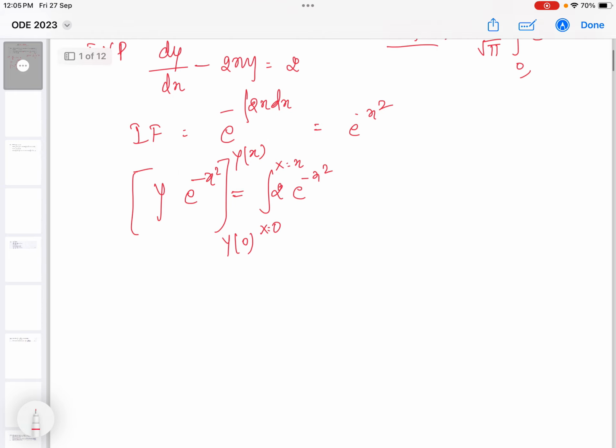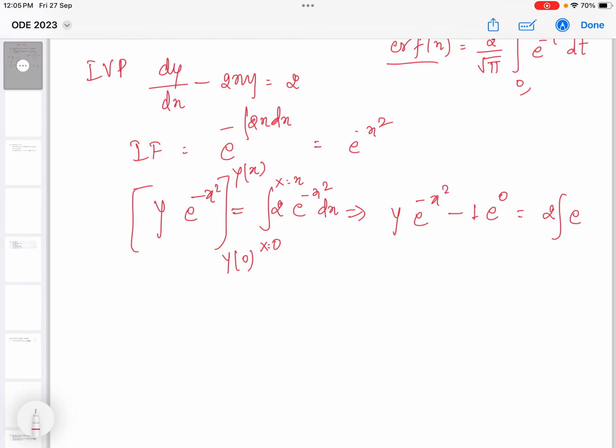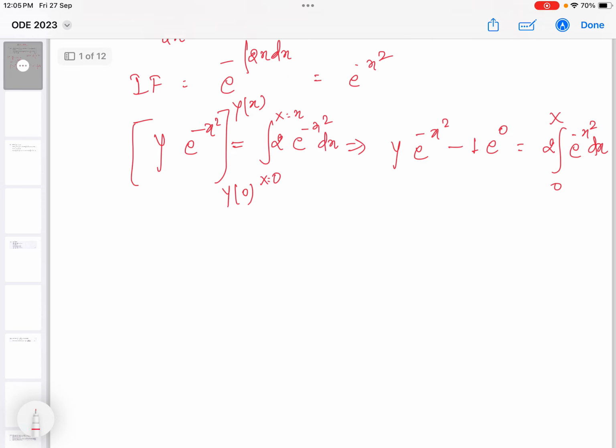Integrating it, we get y equals e raised to the power minus x square, with initially at x equals 0, y equals 1. Here on simplifying all these things.